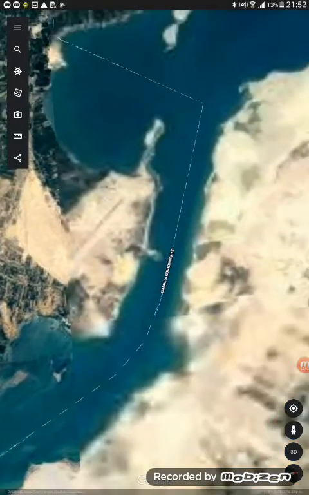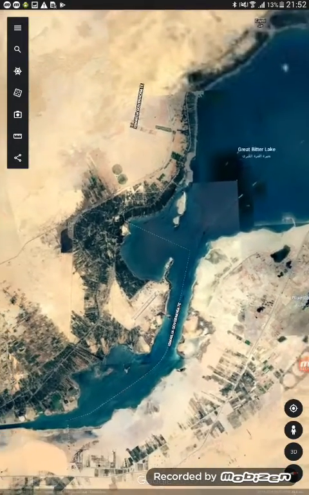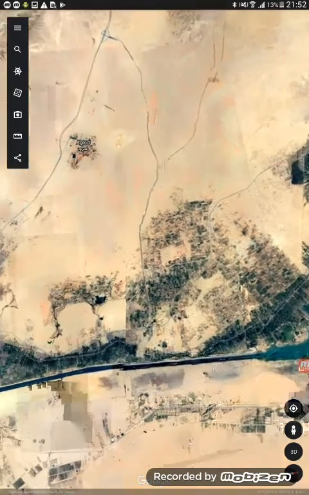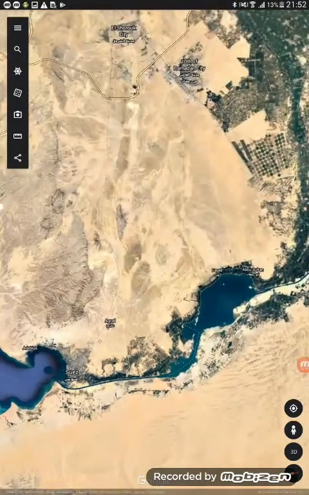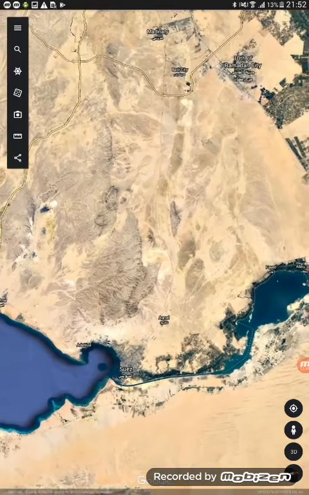This is the Mediterranean Sea we have over here. So between these two seas you have a passage that is called the Suez Canal.